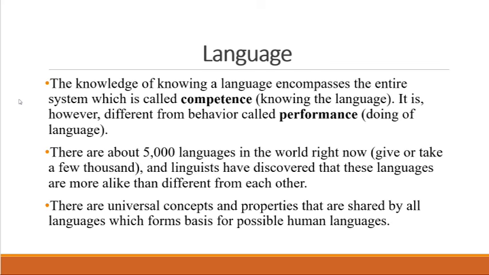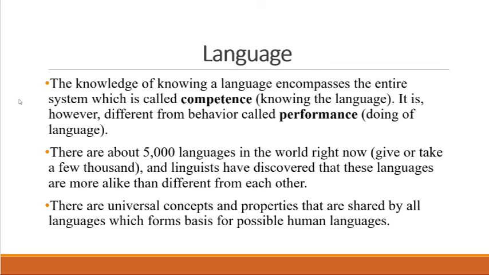So there are about 5,000 languages in the world right now that have been discovered. In all these 5,000 languages, they share certain properties, certain basic things.